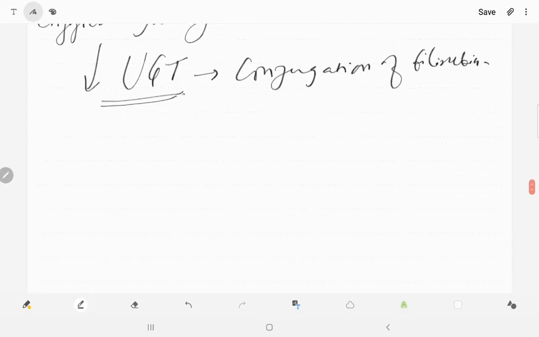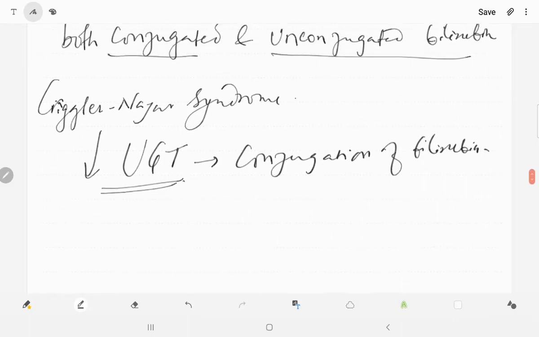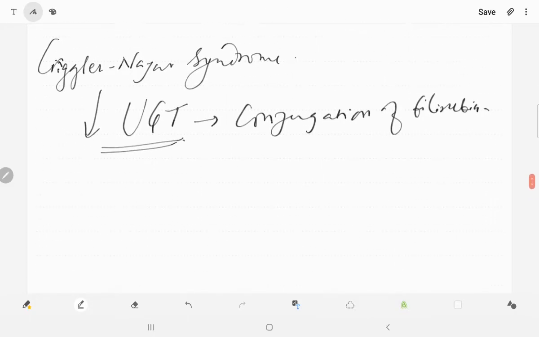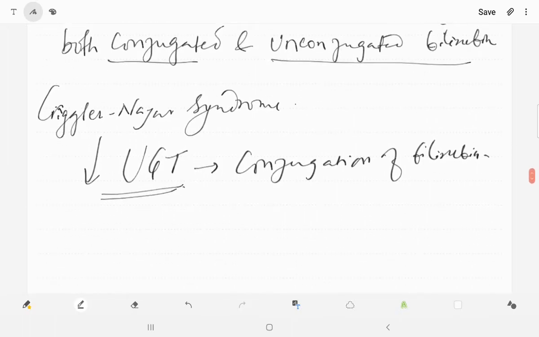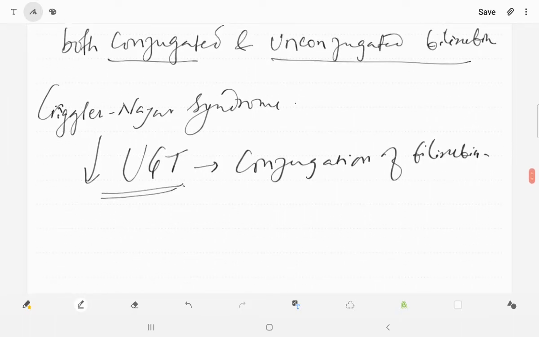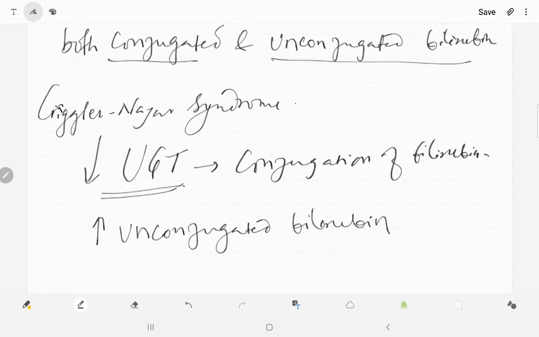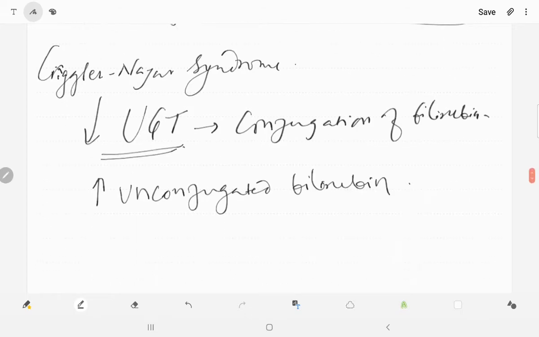So when this enzyme is deficient, it is natural that bilirubin won't be conjugated. Here there is rise of unconjugated bilirubin. However, the cause is hepatocellular.